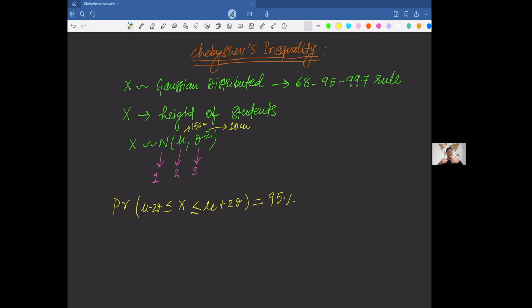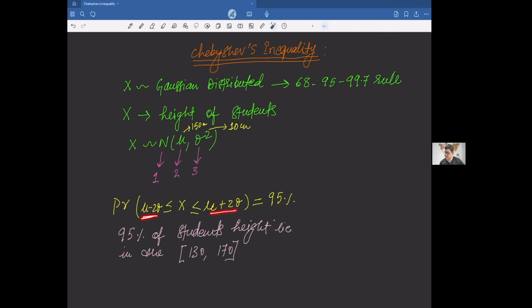Because I know that this is Gaussian distributed with some mean and some standard deviation, I can say that 95% of students' heights lie in the interval 130 centimeter to 170 centimeter. This comes from mu minus 2 sigma and mu plus 2 sigma.